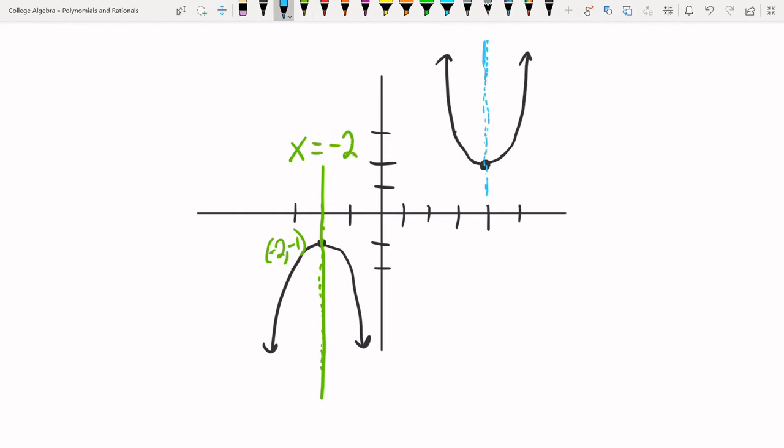For the blue line, the vertex of this parabola is at 4, 2, and the axis of symmetry is x equal to 4. That's the vertical line going through it. To find this, if you don't have a graph, you can just use the previous technique that we already talked about. The x coordinate of the vertex is negative b over 2a.